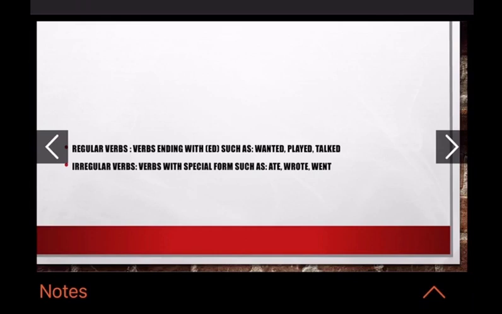While the irregular verbs are verbs with special forms, such as ate, wrote, went. So eat, ate, write, wrote, and go, went. The irregular verbs don't end with ed, but they have a special form for each verb.